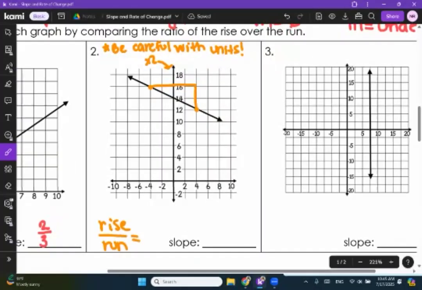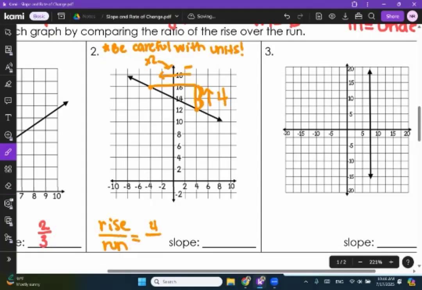Okay. So how many boxes do we go up? We go up 1, 2. So that would be our top number. Actually, we didn't go up 2. I'm already catching myself making all kinds of mistakes. Since each box counts for 2, it's actually 2, 4. Okay, going backwards, since we are going backwards, that makes the number negative.